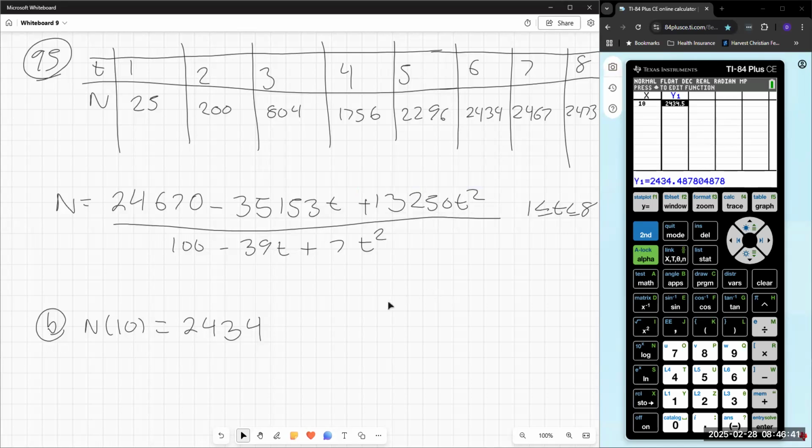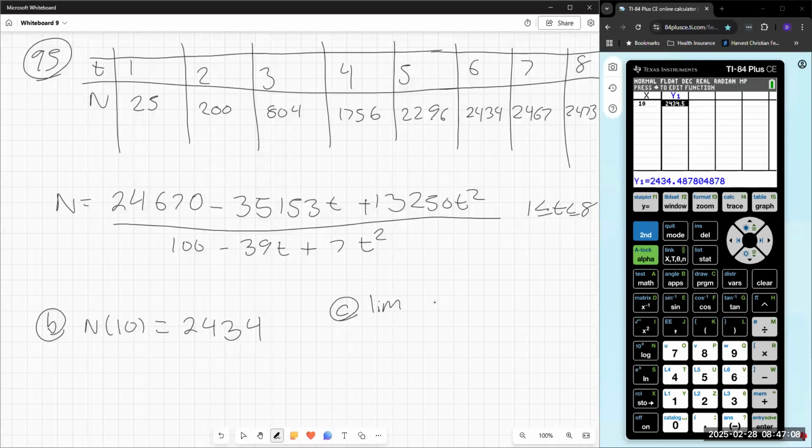All right, let's go ahead and look at number 96. You have a suggested answer in the back of your book for C that basically says this. It's an okay answer, but I don't really like it for the reasons that I said.